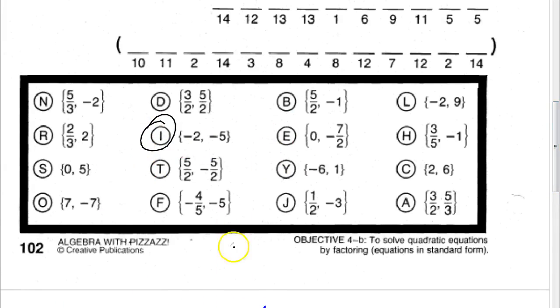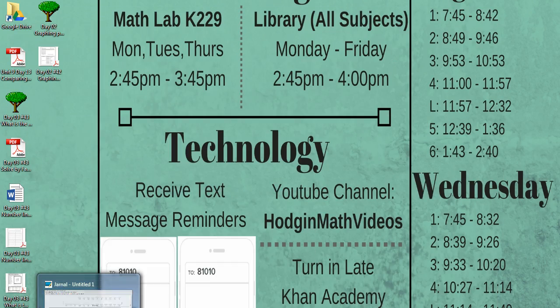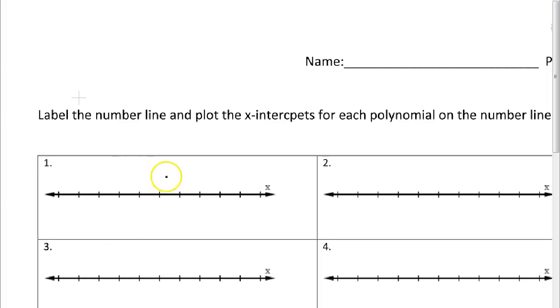Okay. Now, lastly, go ahead and graph them. So here's the x-axis. Negative 2, negative 5, we're graphing? Yeah. So you just have to plot those. I'll go ahead and write the answers so I know where they go.